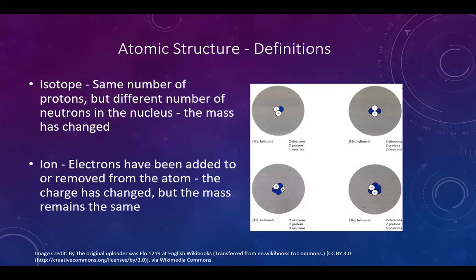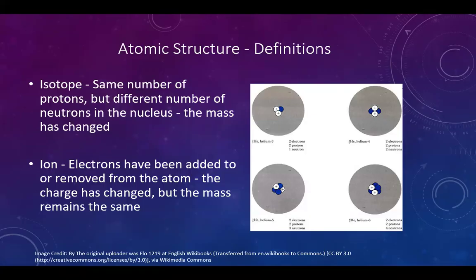But there are also isotopes. Isotopes are nuclei that have a different number of neutrons. So here we have some examples with helium. The most common form of helium has 2 protons, 2 neutrons. It's nice and happy and stable.